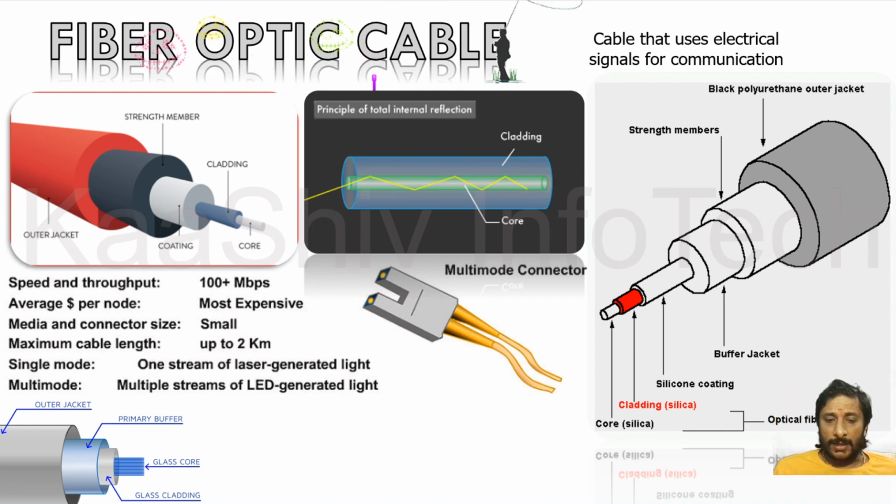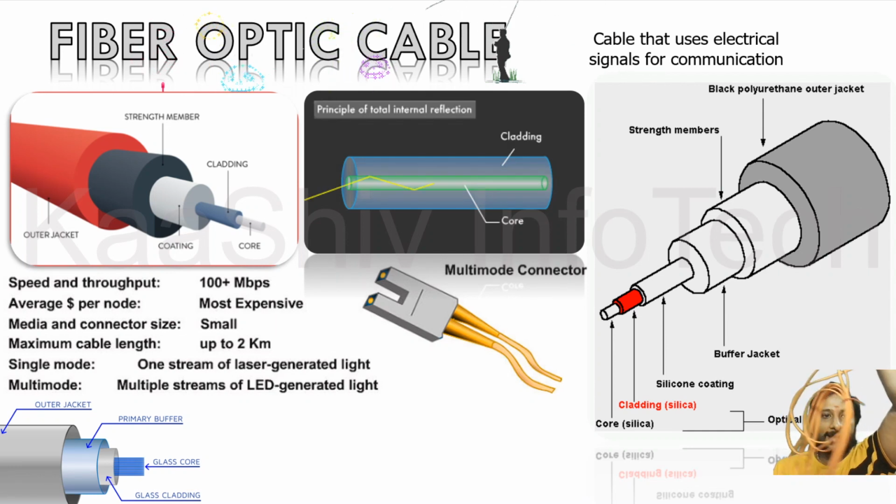Okay, so transmitting data in the form of light signals is called fiber optics. It will have the core layer in the middle, and on top of it you will have a cladding layer. So you have a core inside with the cladding layer outside.